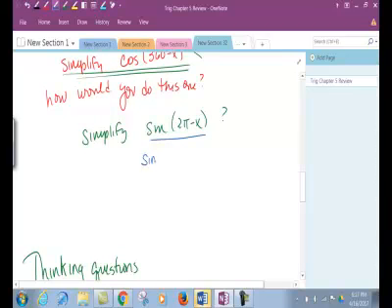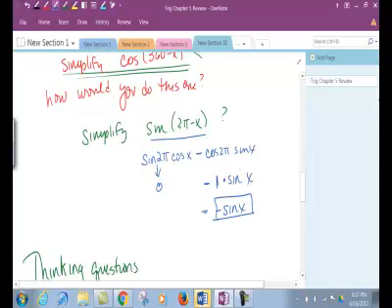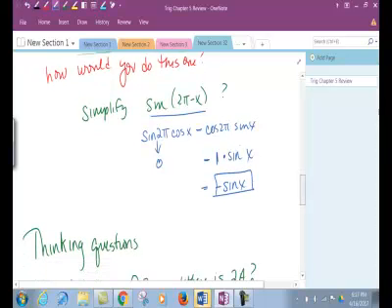You're going to use the cosine difference formula, which goes cosine 2 pi cosine x plus sine 2 pi sine x. And just like always, one of them will go to 0, and I hope you see that it's the sine of 2 pi that's 0. So 0 times sine x is gone. Cosine of 2 pi is 1 times the cosine of x, right? And so the answer, simplified, is the cosine of x. Okay, there'll be just one of those on there.